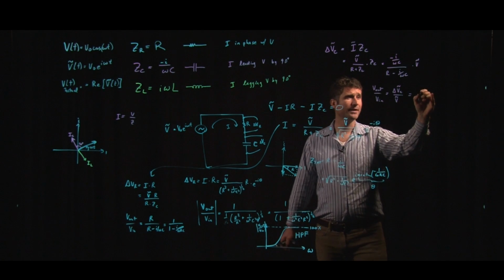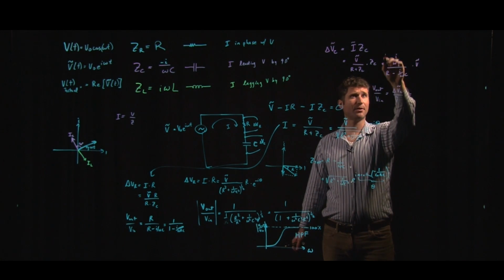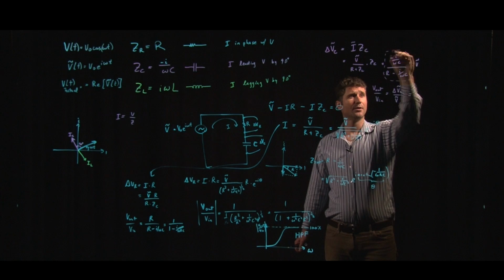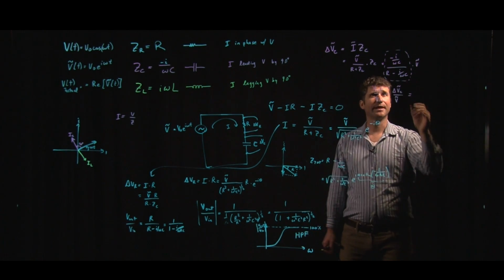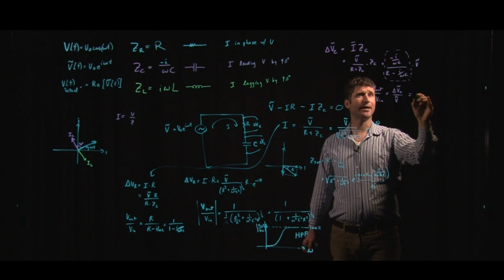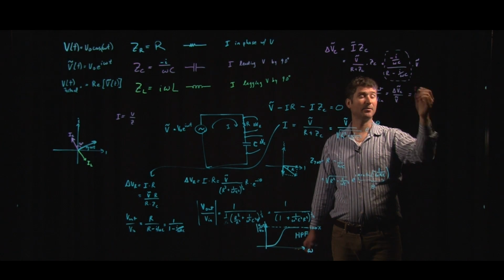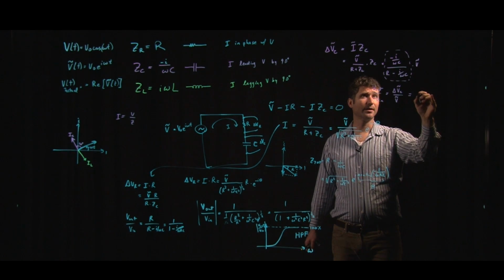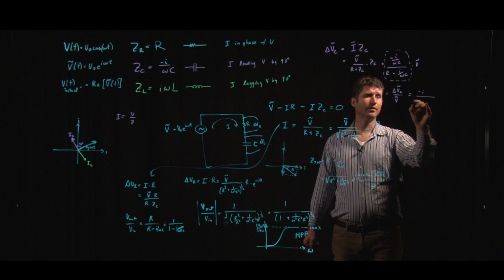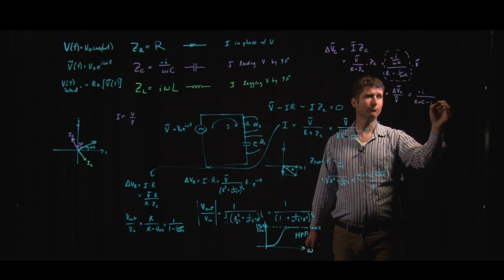And I can write this then as just this part here, which, let's see if we can simplify it a little bit. I'm going to multiply top and bottom by omega C, or even minus i. Let's see, why don't I multiply top and bottom by omega C? So I'll have minus i over R omega C minus i, okay?